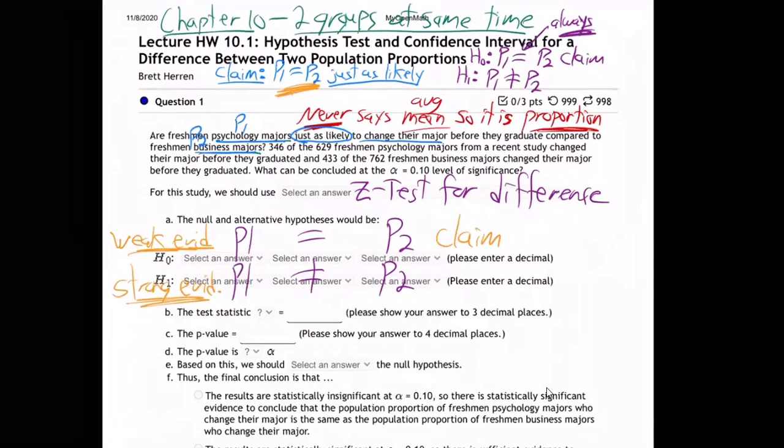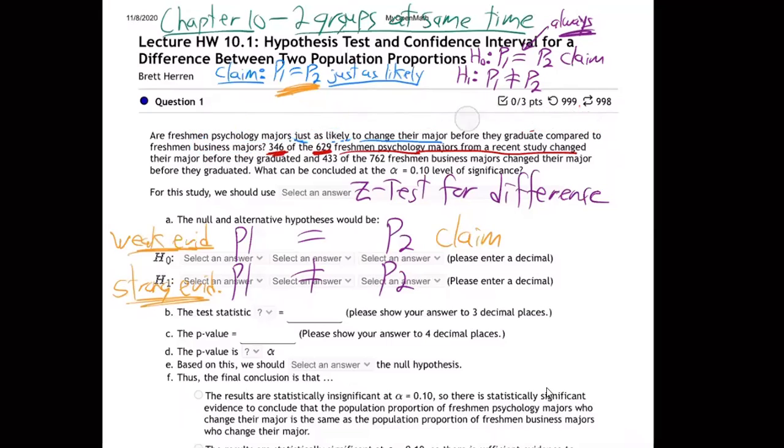So for population 1, for the first group, 346 out of 629 psych majors change their major. Let me kind of erase this stuff. So that's X1, N1. And then right here, 433, that's X2 and N2.